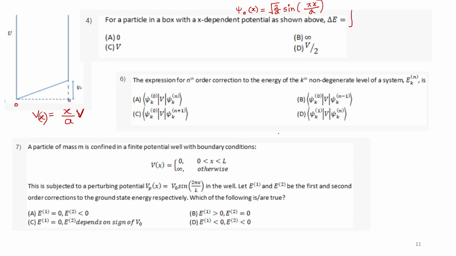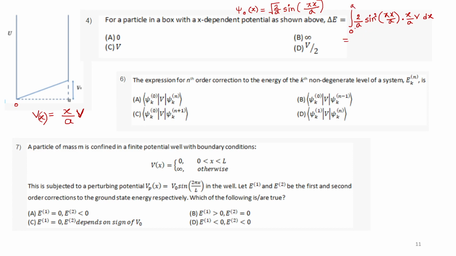Okay. Now it is going to be 2 by a, sine square pi x by a, and your potential x by a times V will also be there, dx, and it will go from 0 to a.